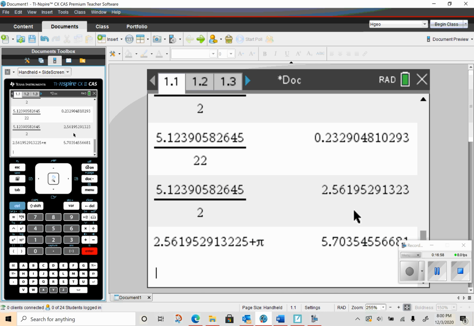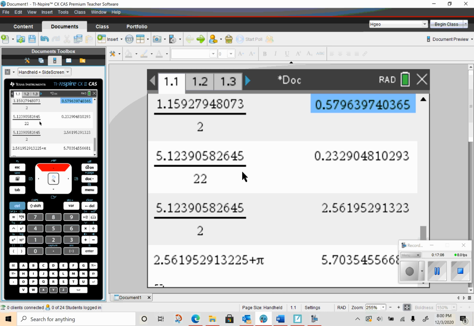Now the very first one, going back to, no, not where I divided by 2. Going back up to this one here, rounding that off to 5 decimal places, 0.579639. That should round up to 64. So 0.57964.